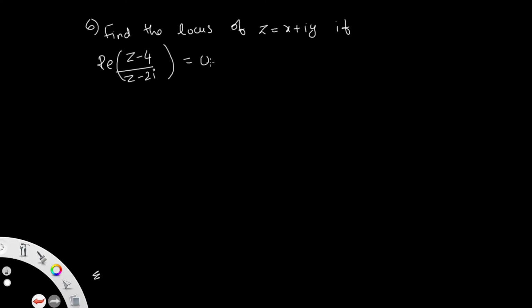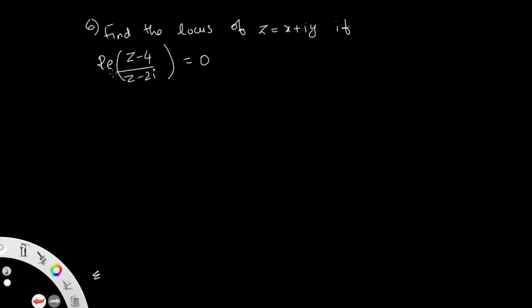Find the locus of z if z equals x plus iy. The condition given is that the real part of (z minus 4) by (z minus 2i) equals 0. So the condition is given, find the locus. Whatever the locus will be, they are asking for it in the form of an equation.